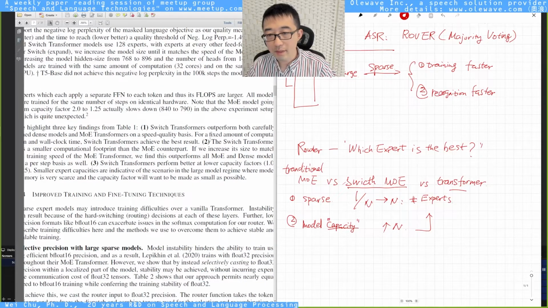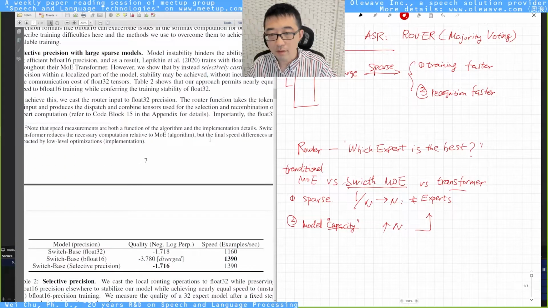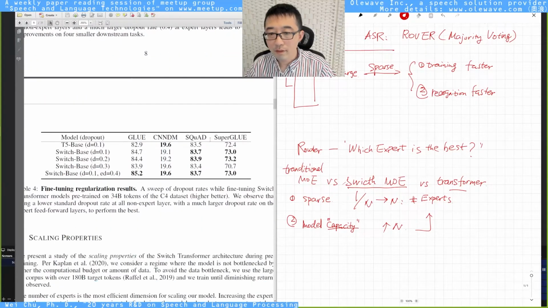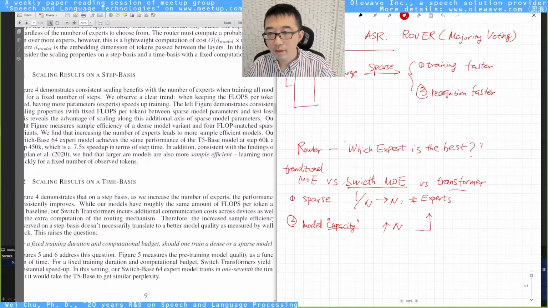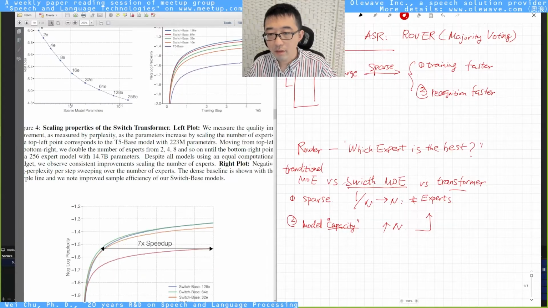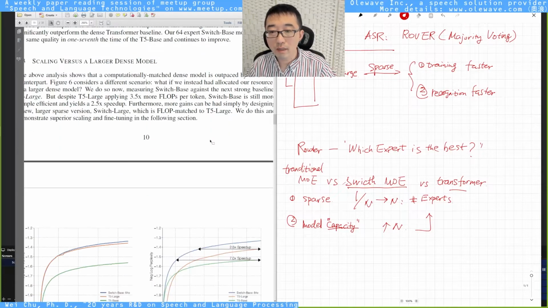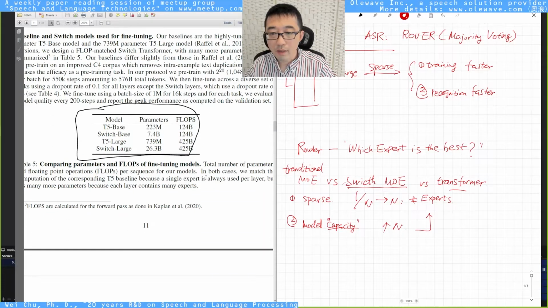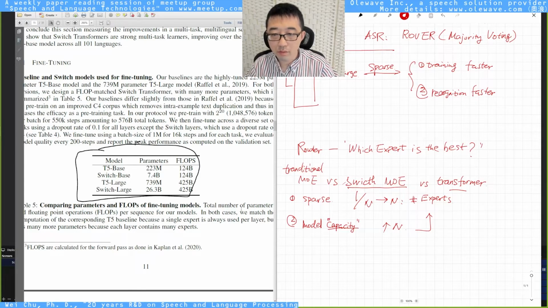Perfectly balanced. I think this paper is also easy to understand. If you're interested, you should read it.